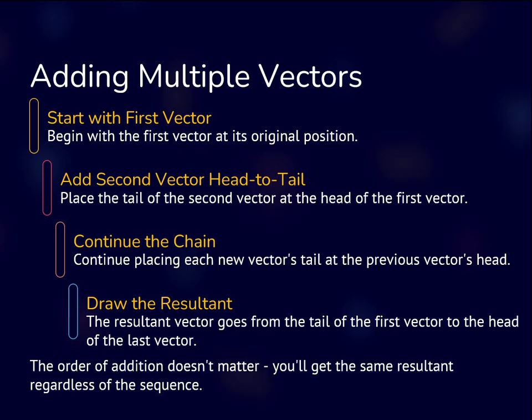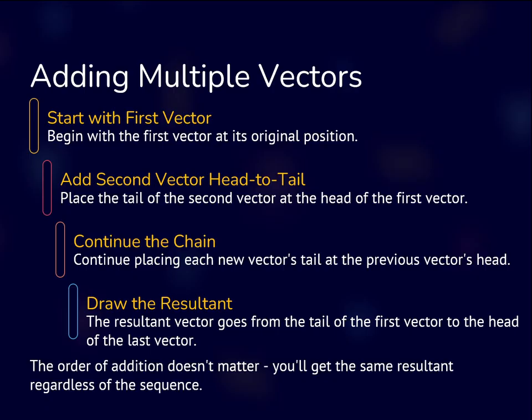But what happens when you have more than two vectors? Maybe you sprint forward, turn right, then veer diagonally. You add vectors using the head-to-tail method. Start with the first vector, then place the tail of the second at the head of the first, right? Head to tail, and so on.